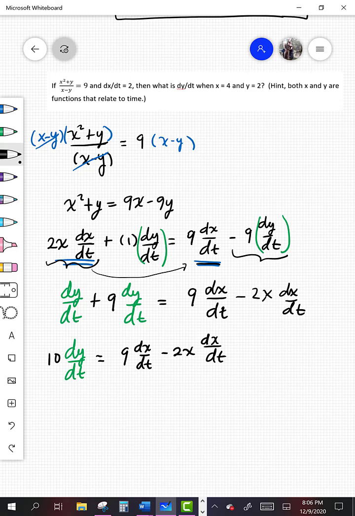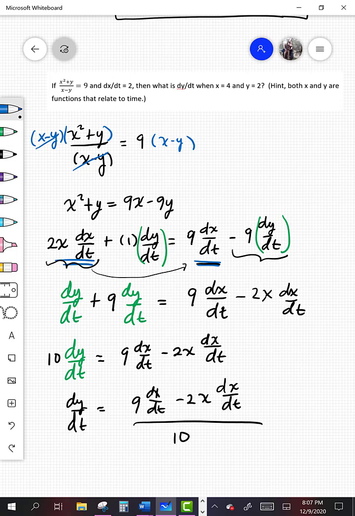Let's divide both sides by 10, so we get dy/dt is equal to 9 dx/dt minus 2x dx/dt, all divided by 10.